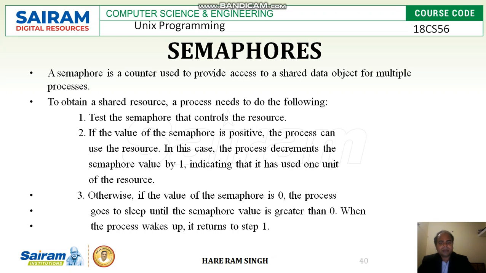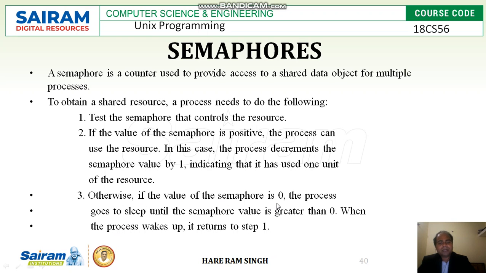In this case, the process decrements the semaphore value by 1, indicating that it has used 1 unit of the resource. It means if a process is allowed to access the resource, the value of the semaphore is decremented by 1, indicating that a process has accessed it.